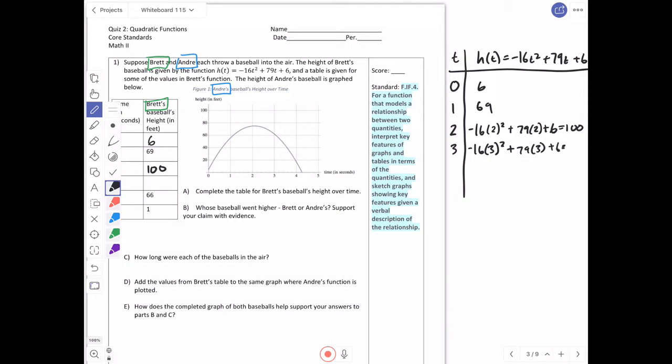Well, 3 squared is 9 times negative 16 is negative 144. Now I'm really stretching myself. 80 times 3 is 240, so 79 times 3 would be 237. So negative 144 plus 237 plus 6 is 99. Cool.